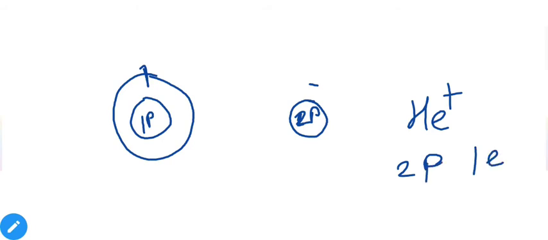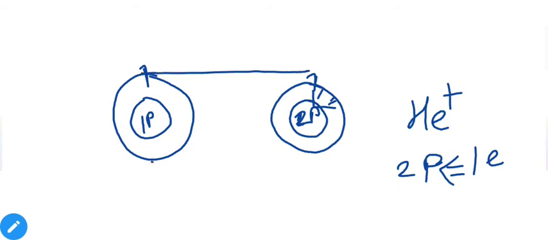So the attraction of the protons will be comparatively powerful here, and the orbits will shrink because the electron feels a stronger attraction towards the nucleus. So the size of the first orbit of hydrogen will be larger than the size of the first orbit of helium, because in the case of hydrogen, the nuclear attraction is weak. In the case of helium, it is stronger.